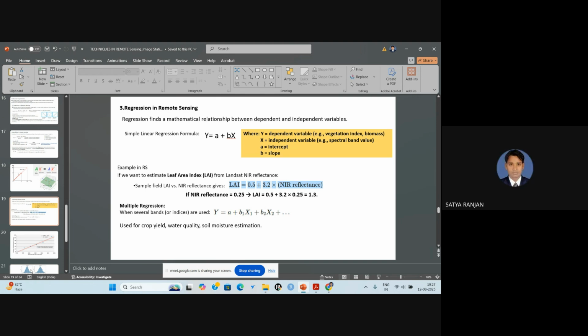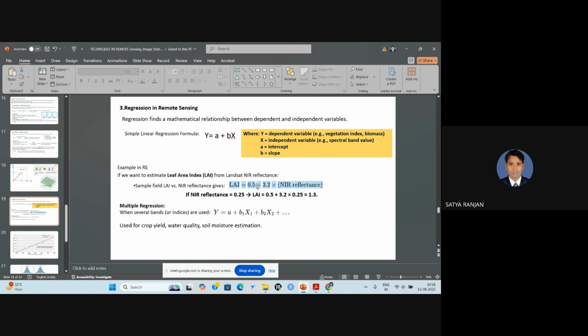Likewise, a lot of regression analysis is used in different applications. Suppose in remote sensing, leaf area index for vegetation or NDVI calculation. Leaf area index is equal to 0.5 plus 3.2 into near infrared reflectance.